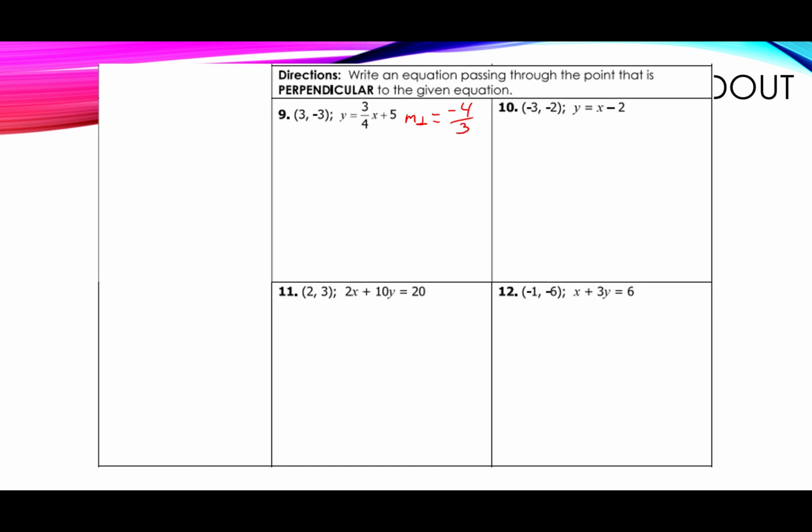Right, so set up my first line of point slope form. Okay, so that's y plus 3 equals negative 4/3, parentheses x minus 3, and then simplify that.